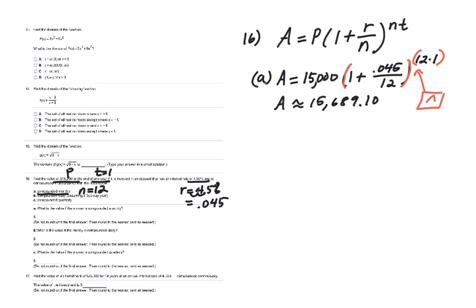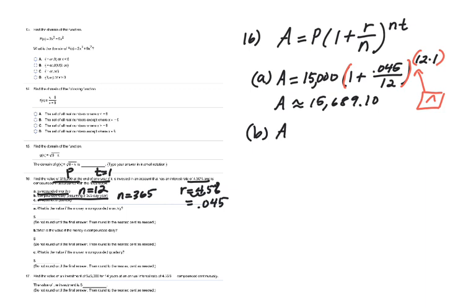Okay, let's look at part B. B says that the interest is compounded daily. So if we have compounded daily, there's 365 days in a year, so N will be 365.